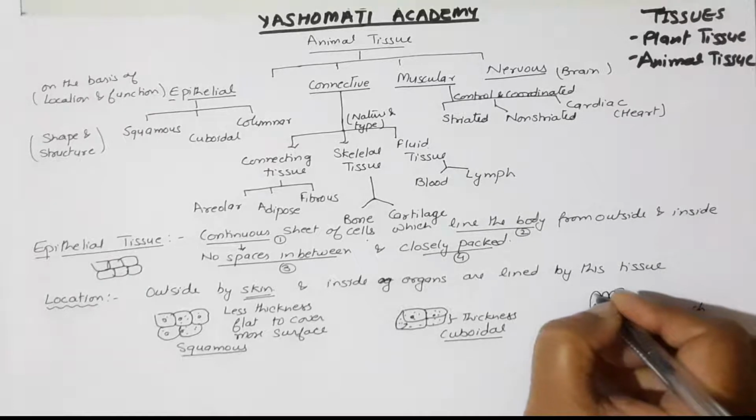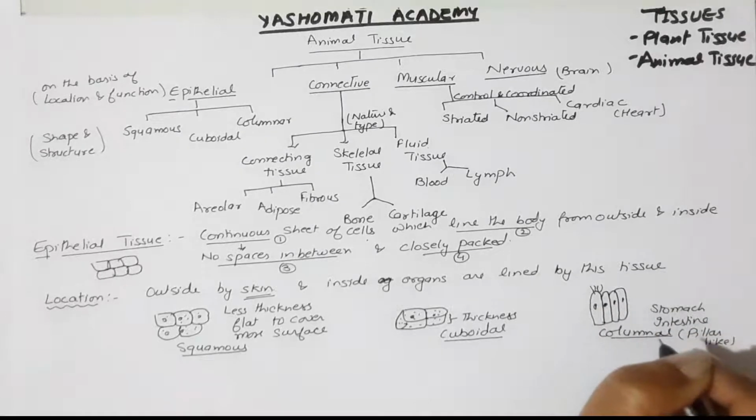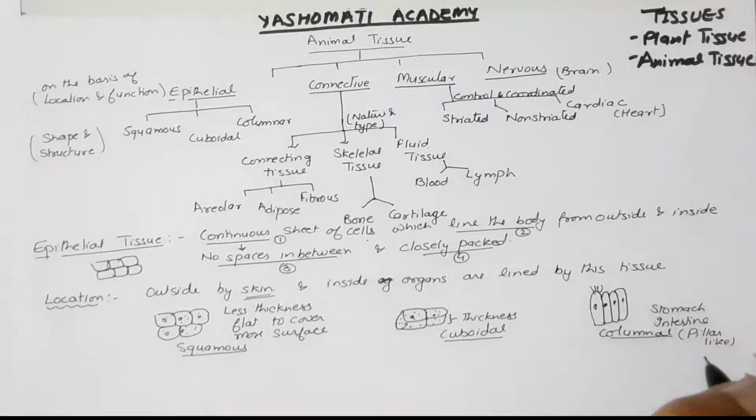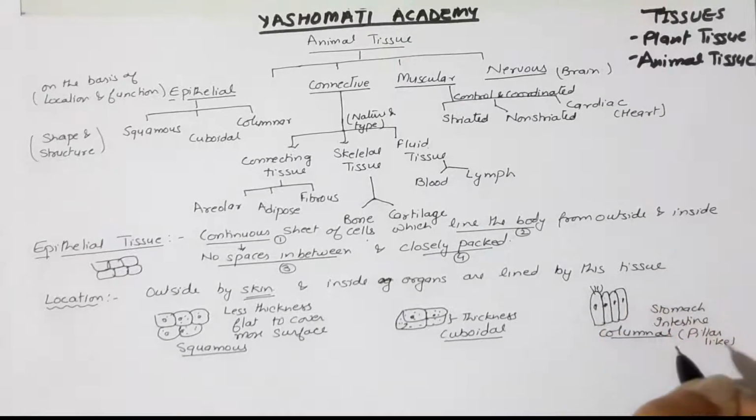Like in some cases, they may be having cilia or hair-like projections on them for proper movement of food, or in case of reproductive system also, they are helping in movement of the cells which are present in the body. So these ciliated cells, they help in movement.